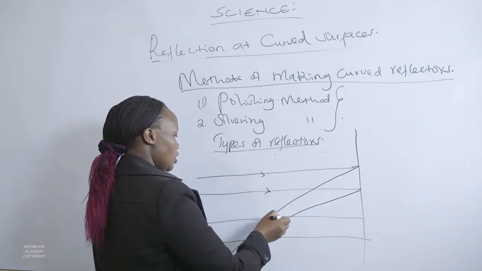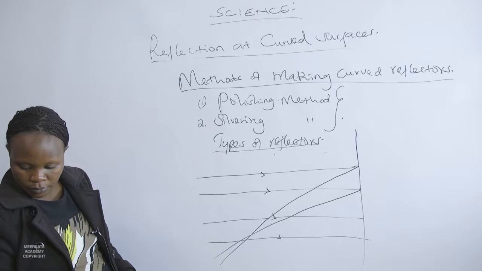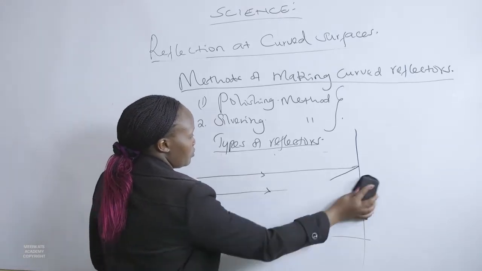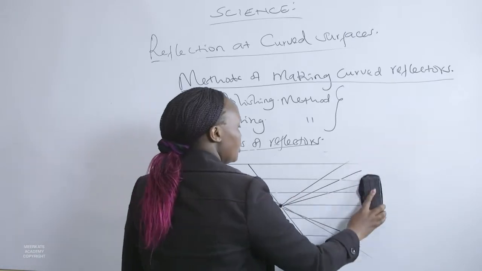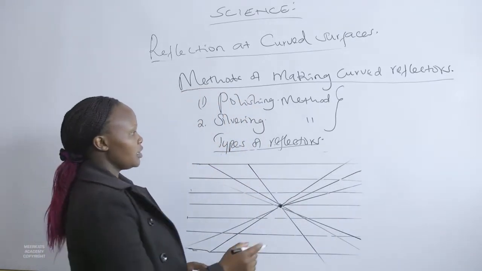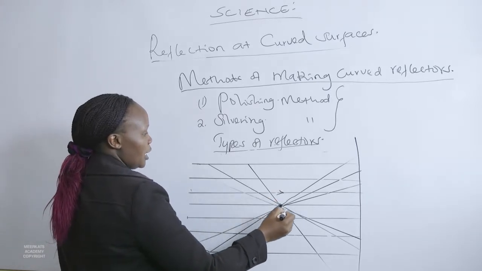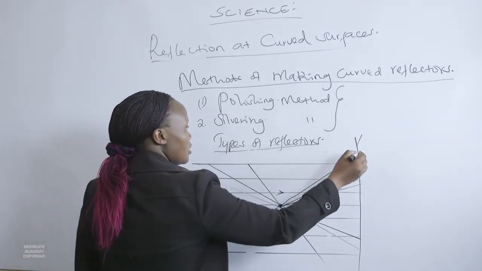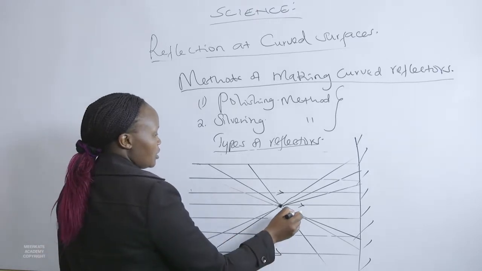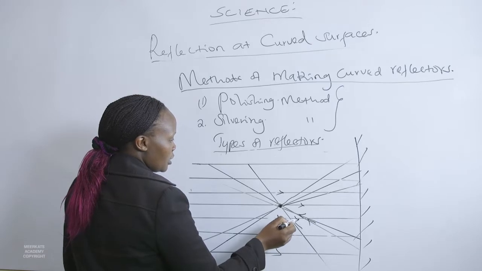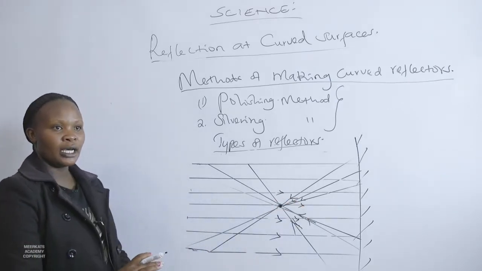They will actually converge at a point. Now, if we were to have our reflecting surface at this point, the rays that come incident and parallel to the reflecting surface, which is the whole of this line, are supposed to be reflected in such a way that they meet at some point.